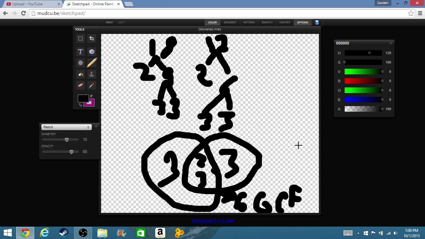But in order to figure out the LCM, we need to multiply everything.